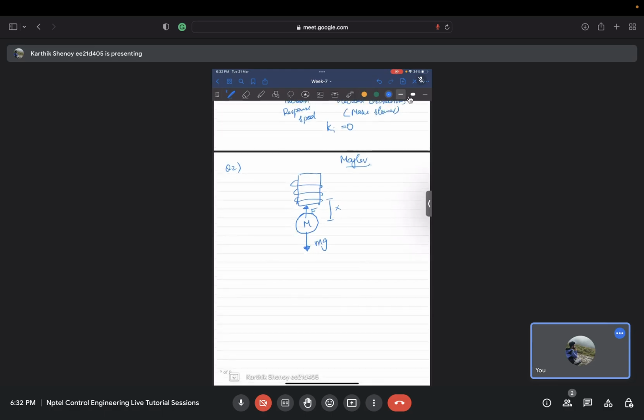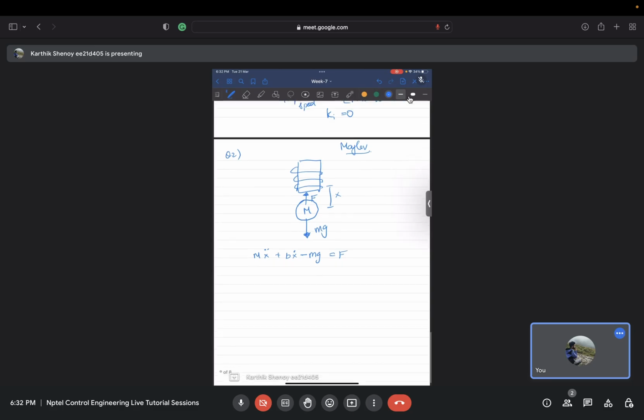Okay, so how do I model this system? I can model m x double dot plus b x dot minus mg, because mg is in the other direction, equal to F. Because the force is attractive, not repulsive, it's minus mg. So let's take an example.